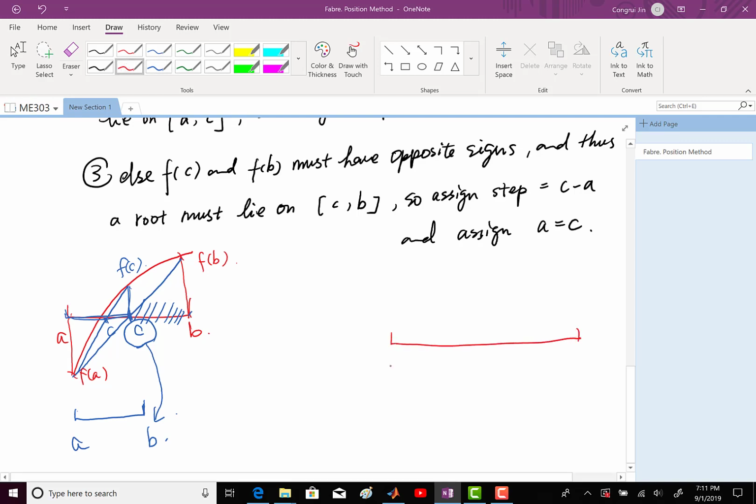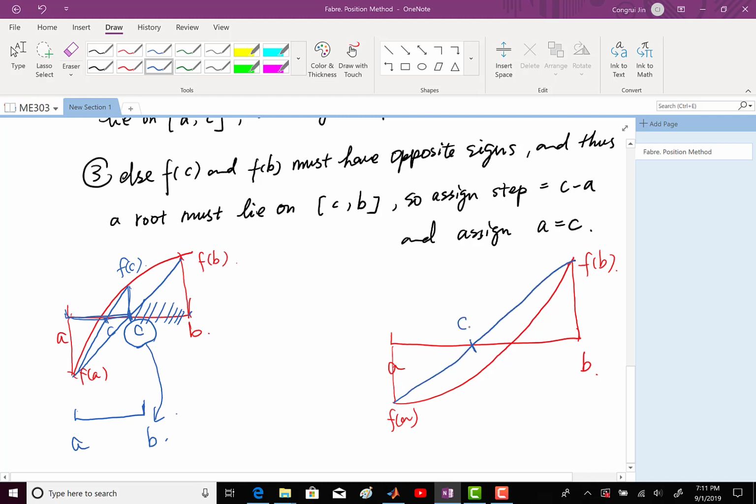So for example, we have a function from A to B. The function looks like this, right? And this is the FA. So this is the FB. To find the point C, we connect A, FA to the point B, FB.